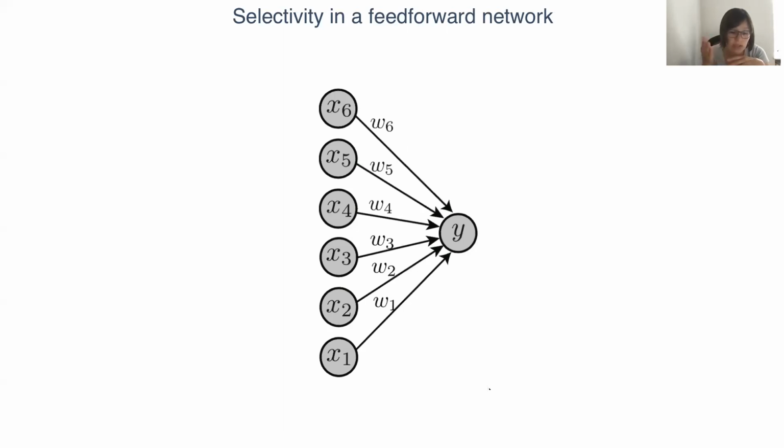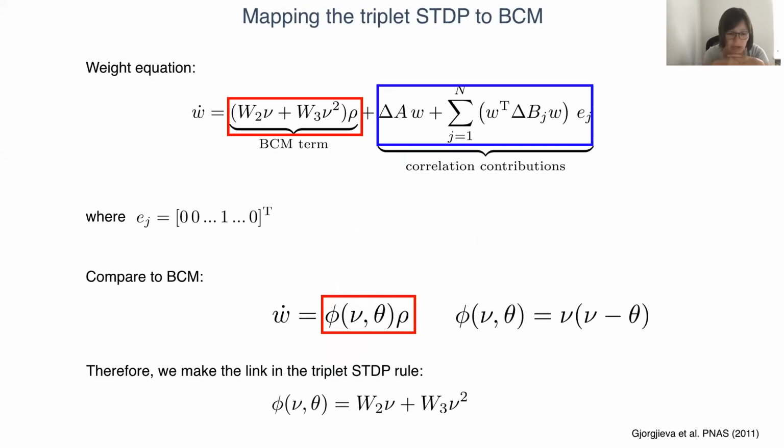But now we started with the triplet rule by motivating it biologically. So we know it can explain a lot of data. And so what I was able to achieve in my previous work was to demonstrate that this triplet STDP rule, which is biologically motivated and can explain a large amount of biological data, can be matched very nicely to the BCM rule.